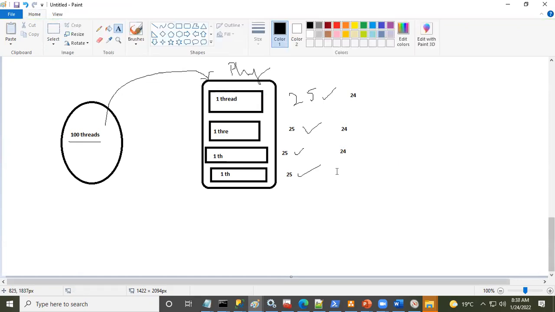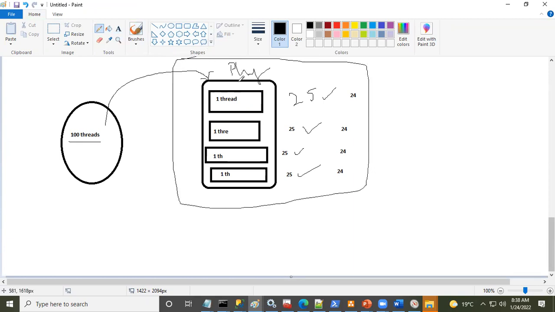Which queue? It will be in the ready queue, available to run on the CPU. Let's consider physical CPU. So 24 threads have to wait, all other threads have to wait.